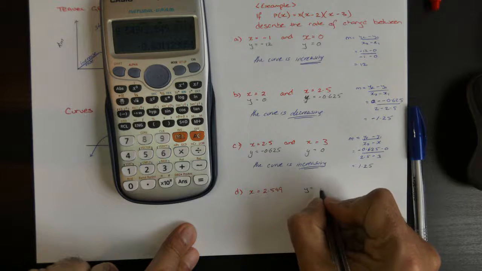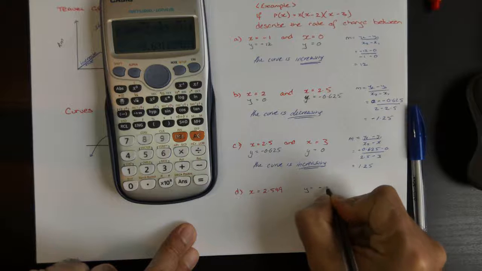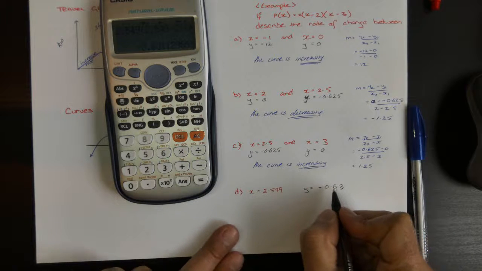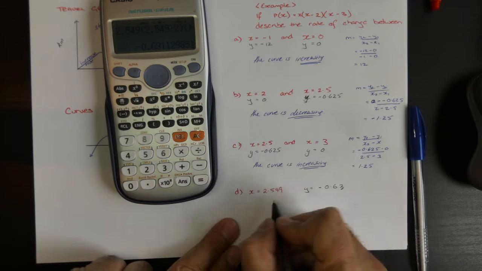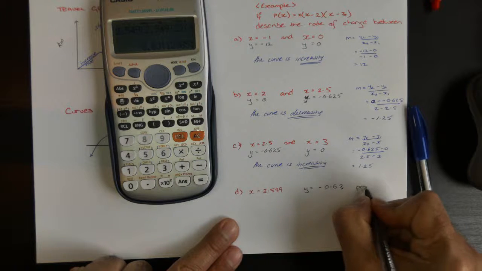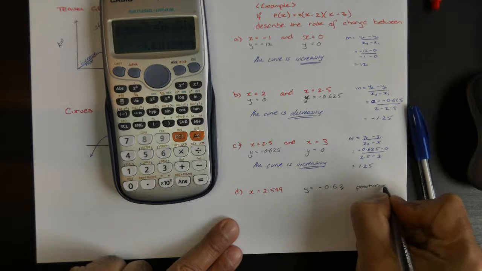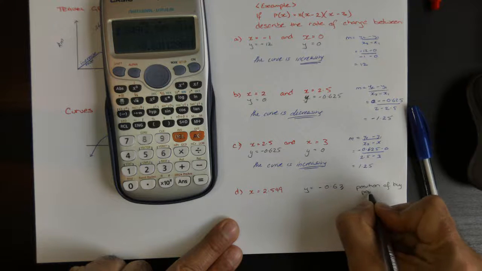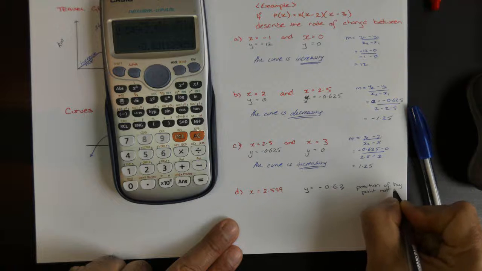Okay. And that's going to give me a negative value. All right. That just tells me the position of my point, not the gradient.